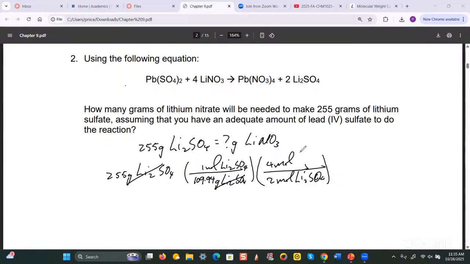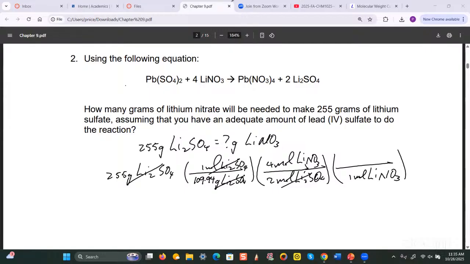Exactly, 4 moles of lithium nitrate. Okay, very good. So that this goes with that, right? And then the next conversion factor is going to be what? One mole of lithium nitrate on the bottom, and then the molar mass on top.